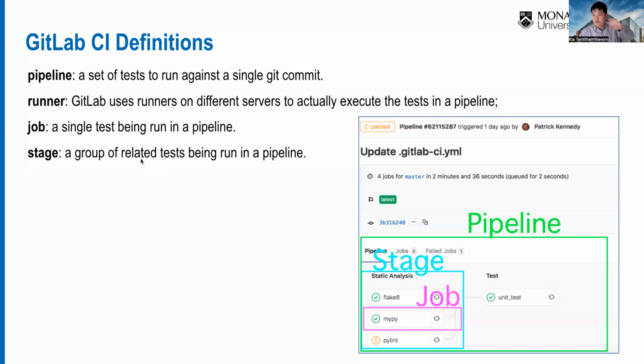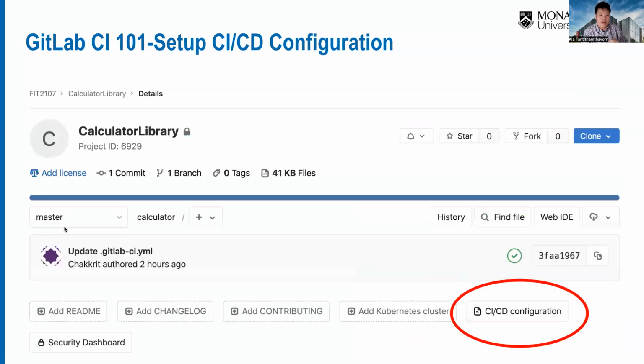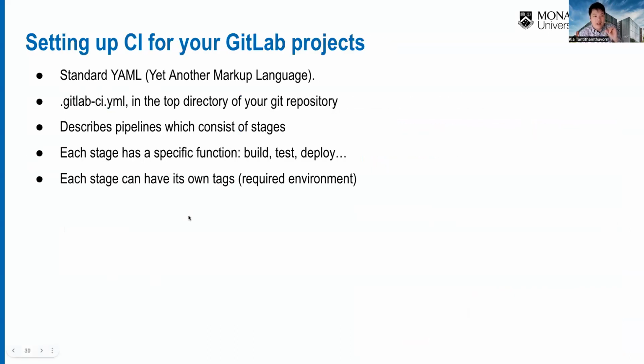When we have one commit, and the CI pipeline, the pipeline is the high level. What are the steps that we want to do, okay? So one pipeline can have different stages. The stage here is the group of related tests being run in the pipeline, okay? So stage, we talk about the fourth bullet here. Stage can be build, test, and deploy.